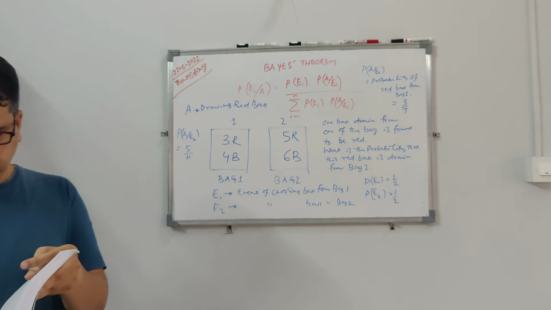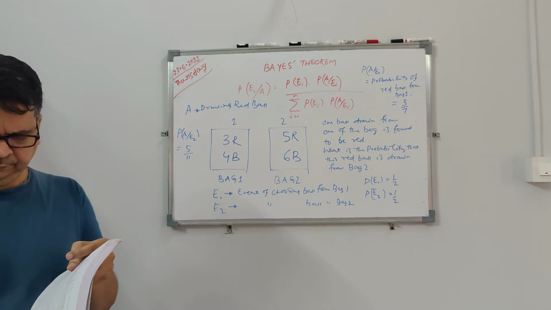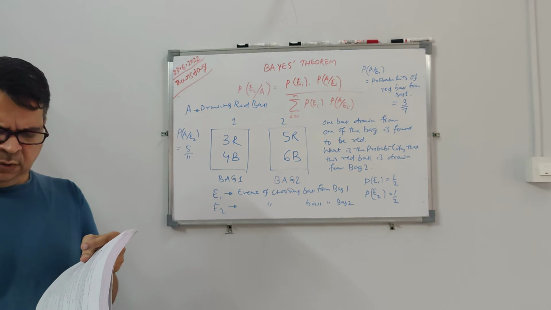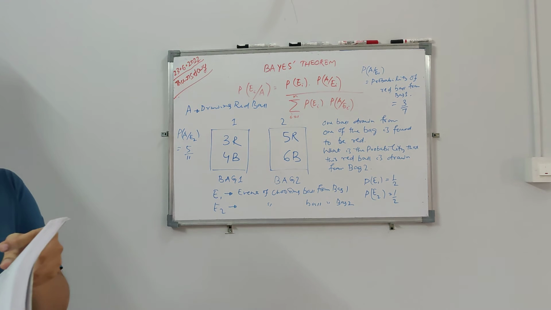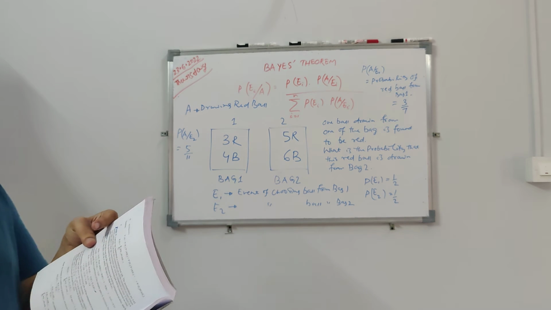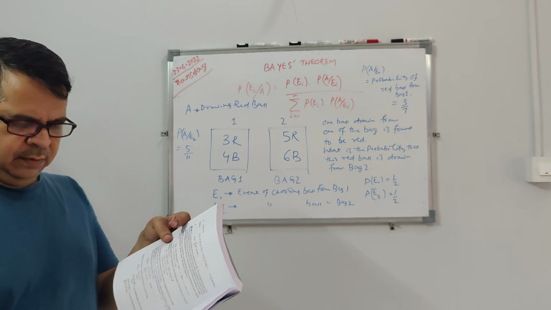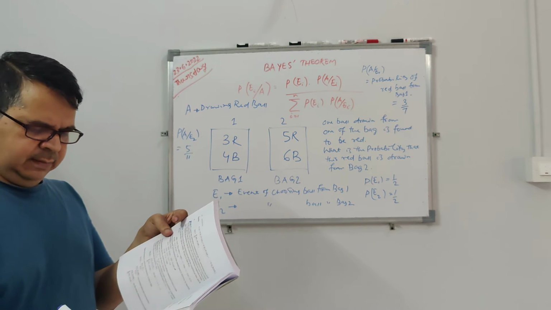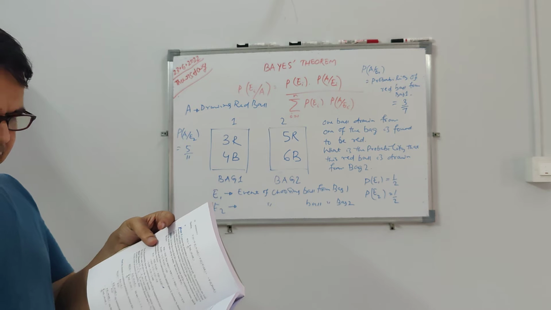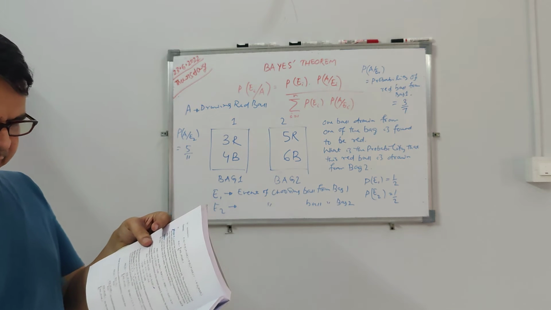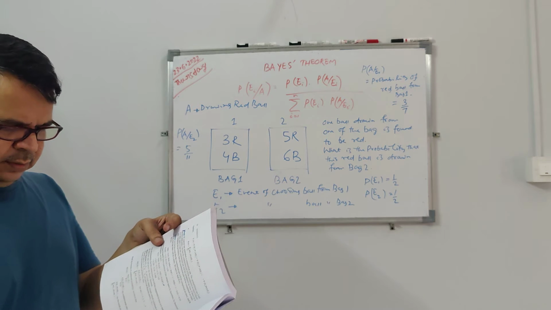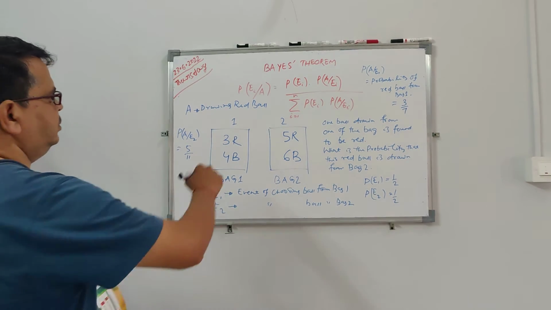You have to find P(E2 given A), the probability of drawing from bag 2 given that it is red.